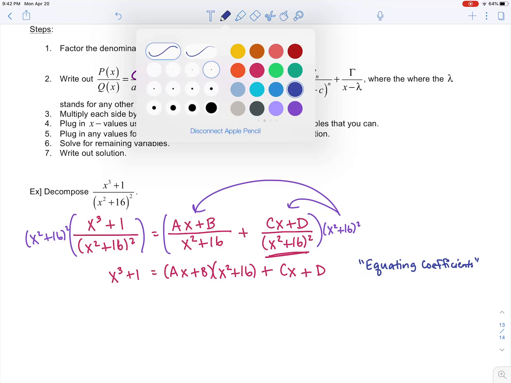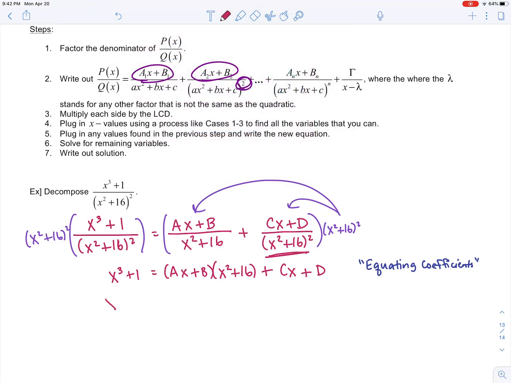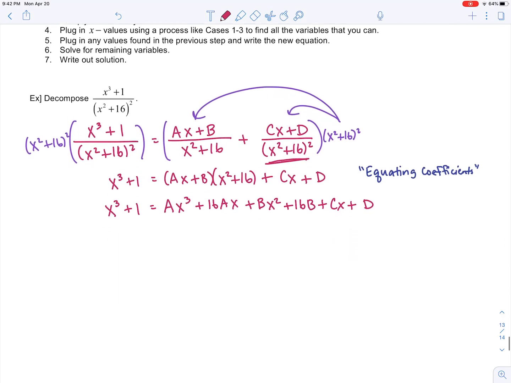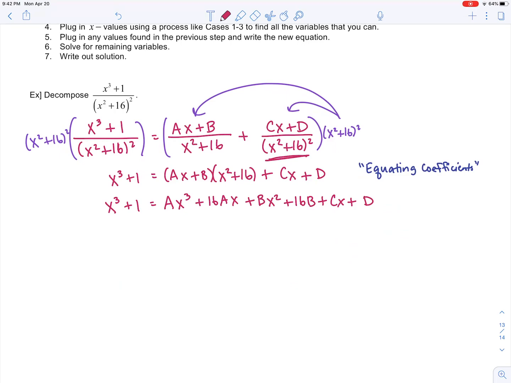So what I'm going to do on the right-hand side is I'm going to FOIL out and combine like terms. So ax plus b times x squared plus 16, I get ax cubed, so first outer, plus 16ax inner, plus bx squared last, plus 16b, plus cx plus d. Now I'm going to rearrange the terms so that I can combine like terms.